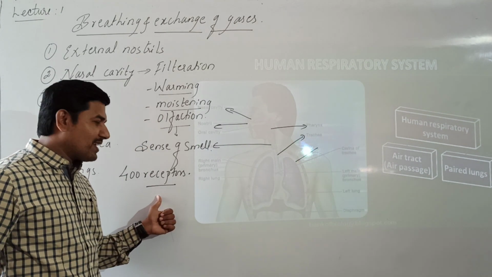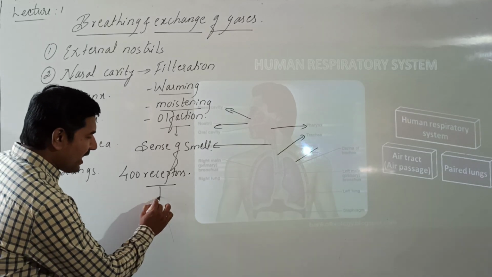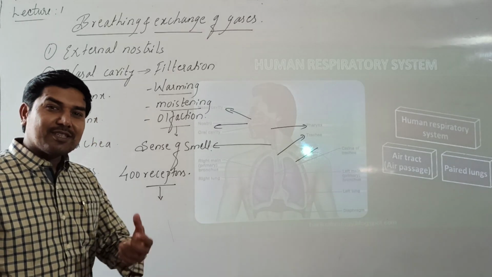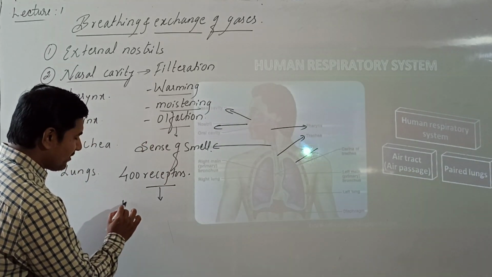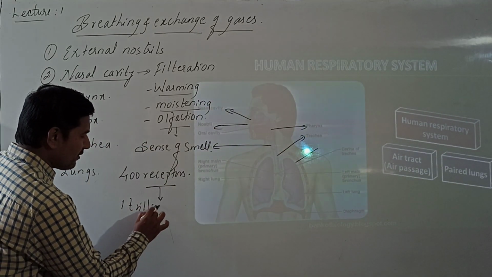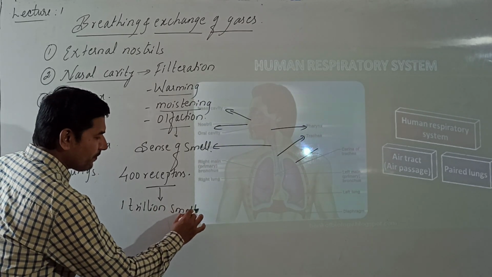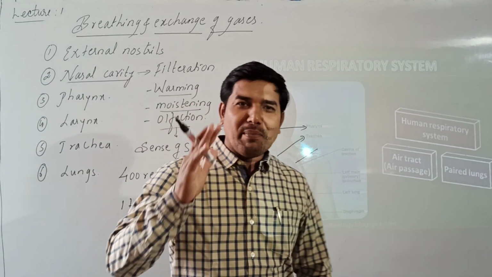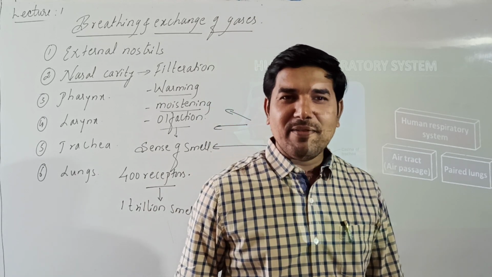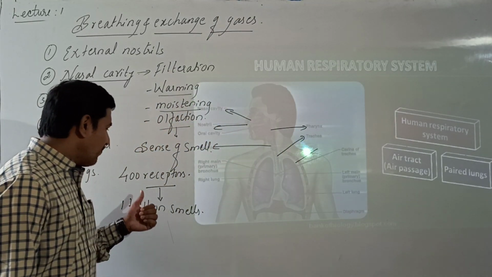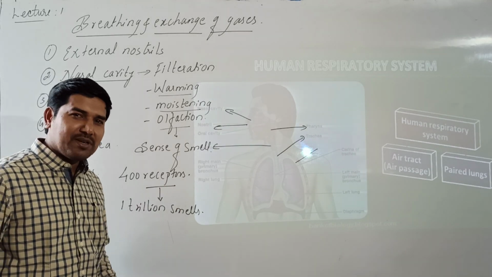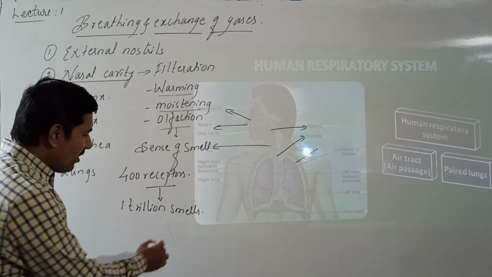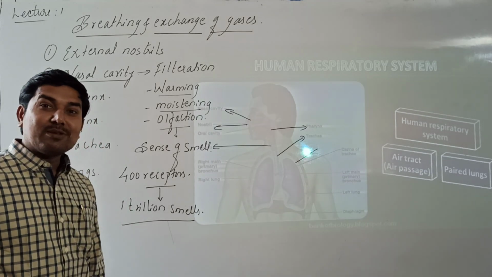Now these olfactory receptors can analyze around 1 trillion smells. Look at the amazing fact of the nasal cavity. It has around 400 receptors, which we call olfactory receptors, which consist of 1 trillion smell centers.